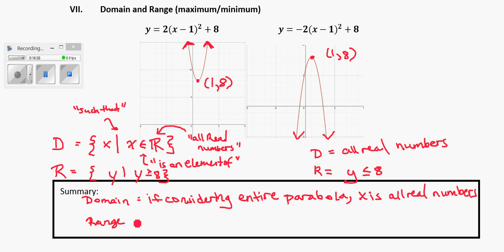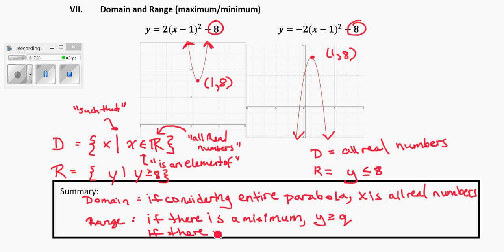And the range depends on the maximum or minimum. If there is a minimum, then y is greater than or equal to q. And remember, q in both of these graphs is 8, positive 8. If there is a maximum, then y is less than or equal to q, because that maximum cannot be exceeded.